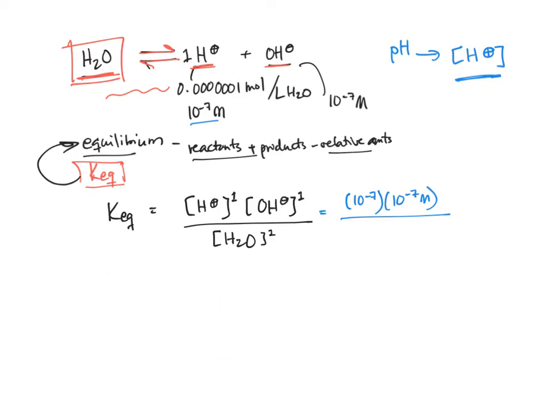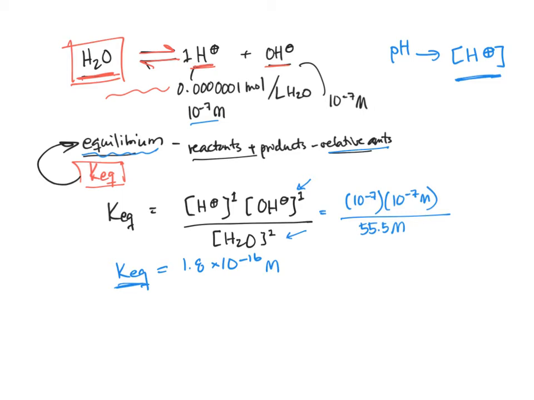What? Okay, we know the concentration of water now, 55.5 molarity. Doing just a little bit of math here, we can solve that Keq for water is equal to 1.8 times 10 to the minus 16th moles per liter. Now remember, that Keq is telling us at equilibrium what will be the relative amounts of our products, the proton and the hydroxide ion, compared to our reactants, pure water.